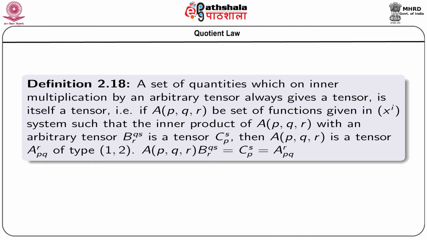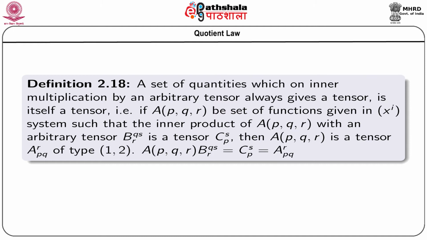That is, suppose A(p,q,r) be a set of functions given in the x_i coordinate system such that the inner product of A(p,q,r) with an arbitrary tensor B(q,s,r) is a tensor C(s,p), then A(p,q,r) is a tensor A^r_pq of type 1 2.